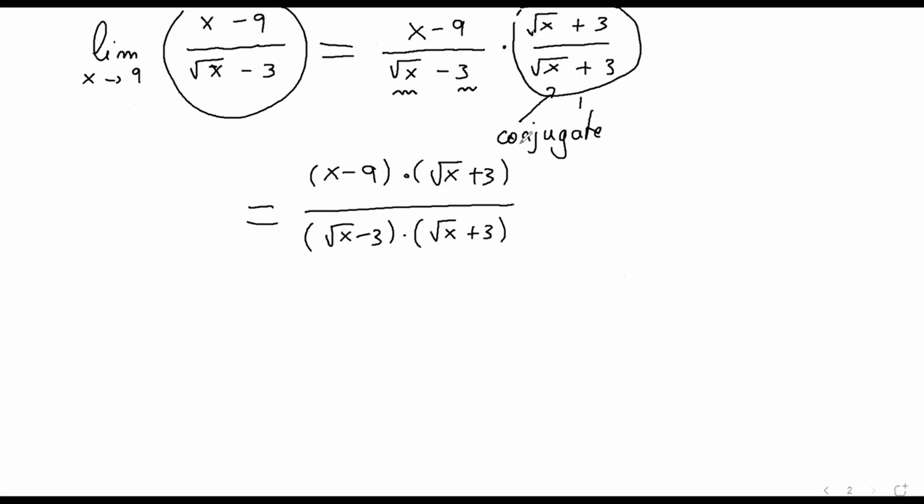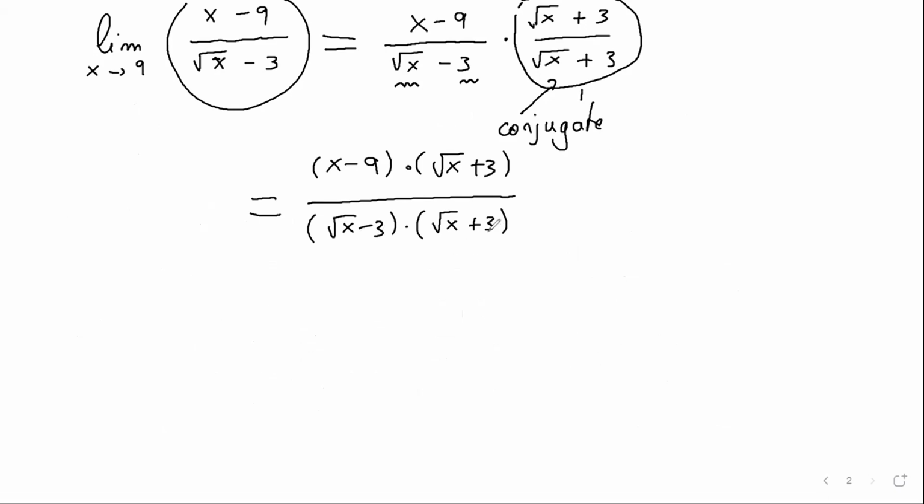When we multiply the difference times the sum of two numbers, and this is what I'm going to focus on right now, on the bottom part of the fraction, this is going to be the first one squared minus the second one squared. That's what the formula does. This is the reason why I'm doing this conjugate, because when I multiply a minus b times a plus b, or x plus 1, x minus 1, I always get square minus square.